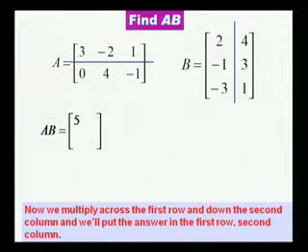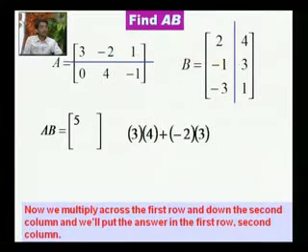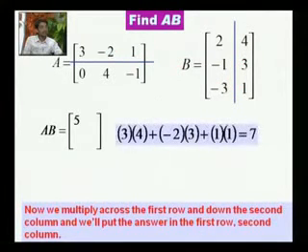We have already multiplied the first row with the first column of matrix B. Now we multiply the first row with the second column of matrix B. So we multiply 3 with 4, then minus 2 with 3, and then 1 with 1, which is equal to 7. So the second element of the first row of AB is 7.